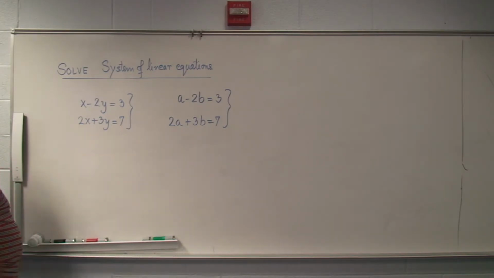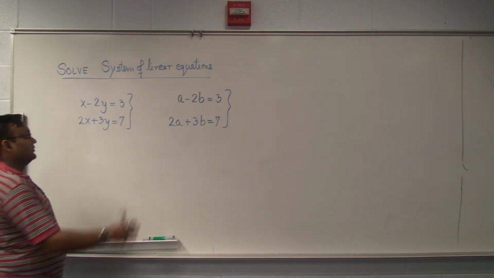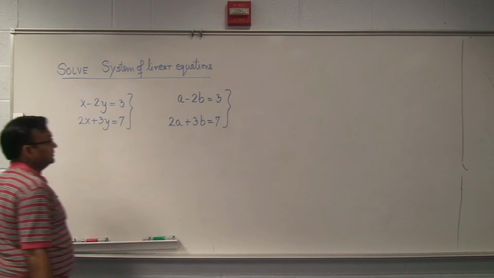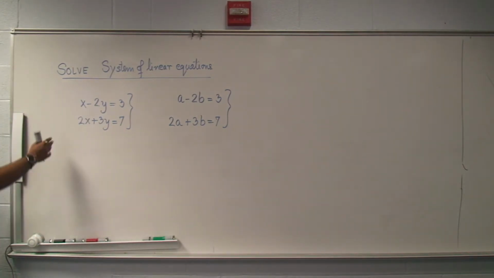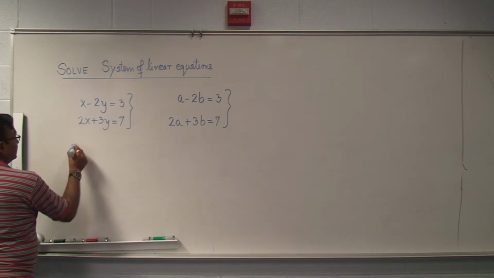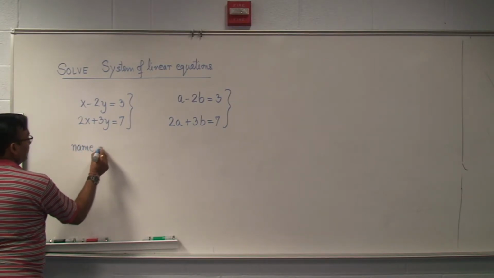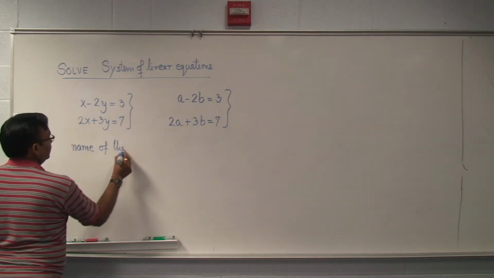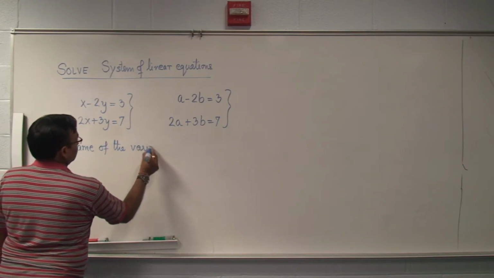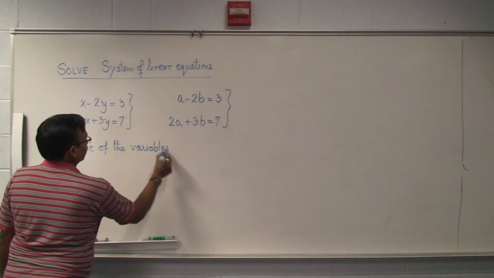When you have marked your axes as x and y, these 2 equations also represent the same straight lines which you had over here. The only difference is that instead of calling them x and y, we are calling them a and b. So the names of the variables are not important at all when we are dealing with the solution to a system of equations.